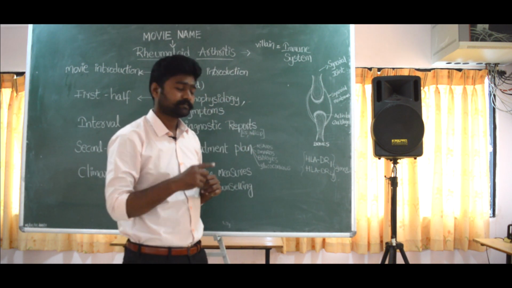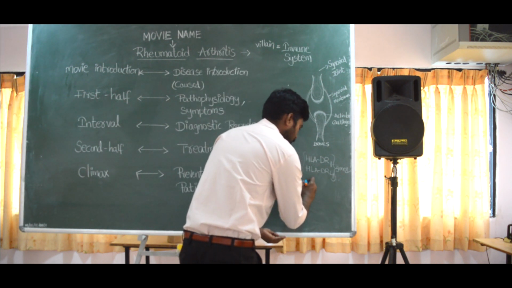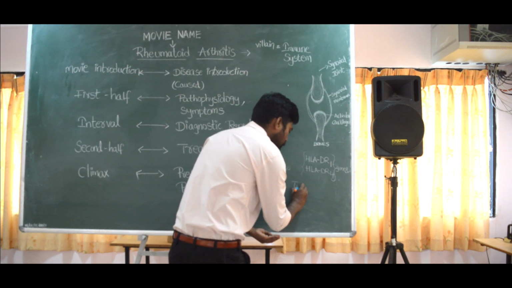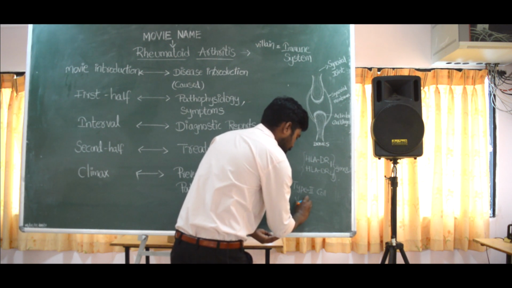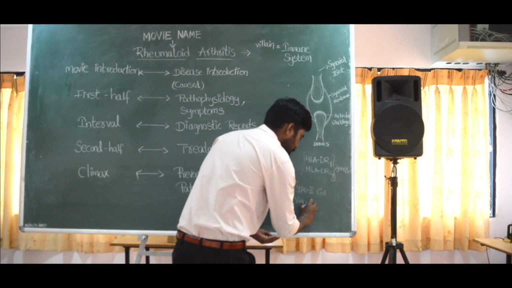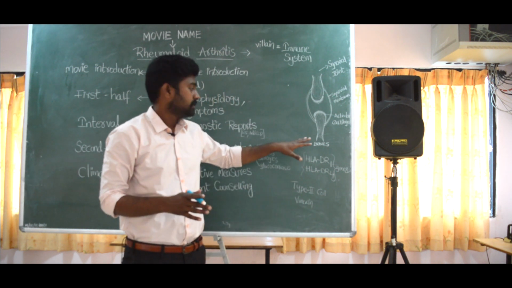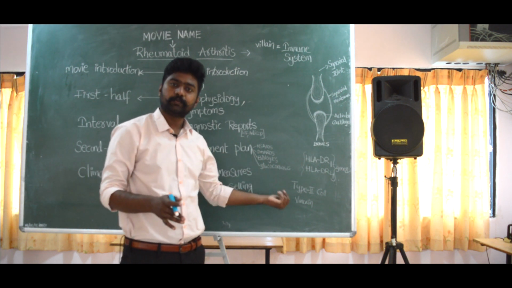What happens here? You see, there are some cells, I can call them proteins, okay? There are some proteins like type 2 collagen, or vimentin, etc. There are some proteins in our body, right? So when these genes get triggered, they make some modifications to these proteins.